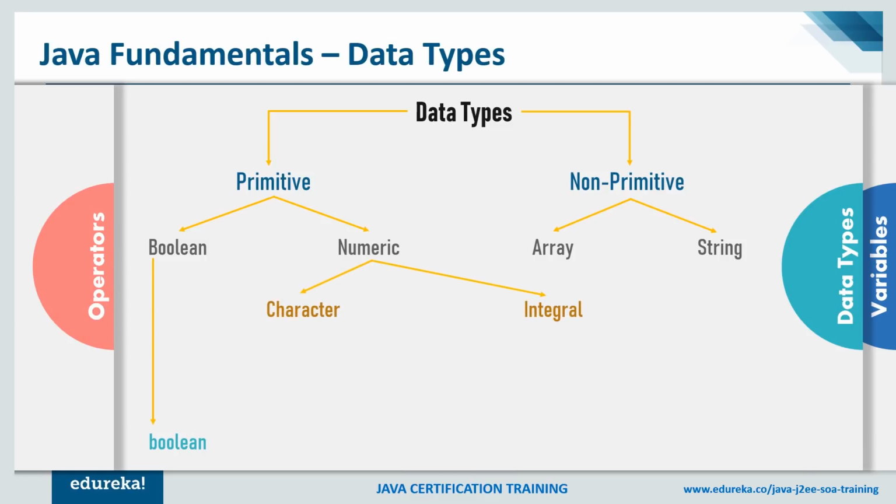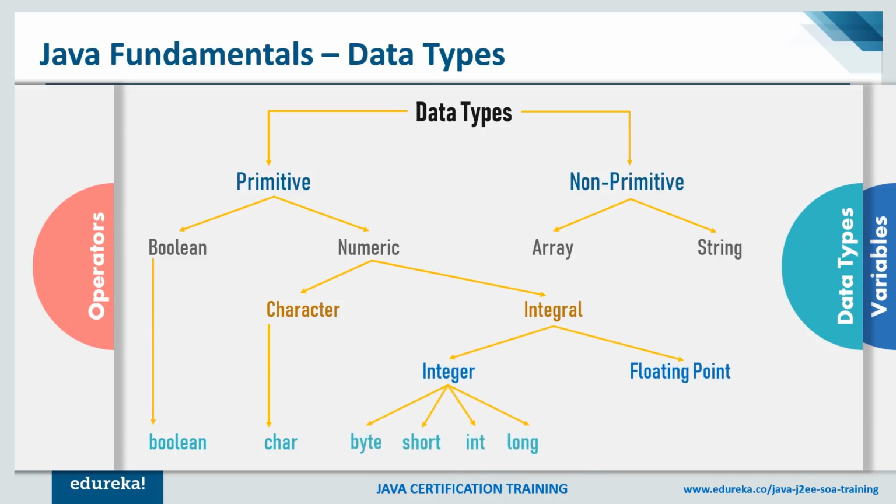In the numeric, we have character and integral. For character we have char, and for integral we have two further types, integer and floating point. In the integer we have byte, short, int, long, and in floating point we have float and double. Boolean is true or false, and char is any character on your keyboard, or the Unicode or the ASCII code. Integral types are all the mathematical real numbers. When we talk about floating point, you get decimal values as well.